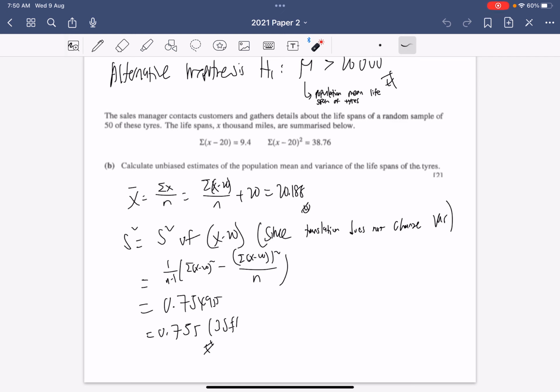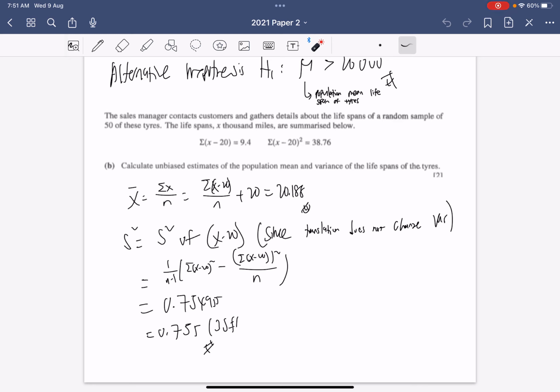And the second part tests you on summary statistics, and basically whether you are able to calculate x bar and s squared. You know x bar is sum of x over n, but you only have sum of x minus 20. So what you need to do is sum of (x minus 20) over n, plus 20, and that will be equal to this.